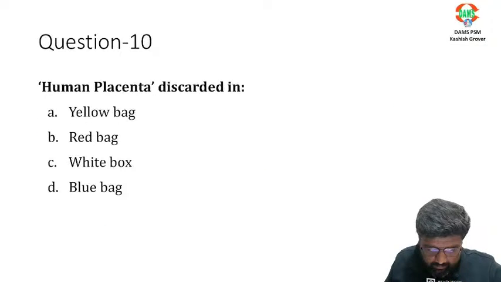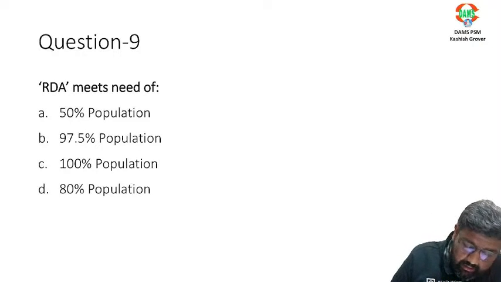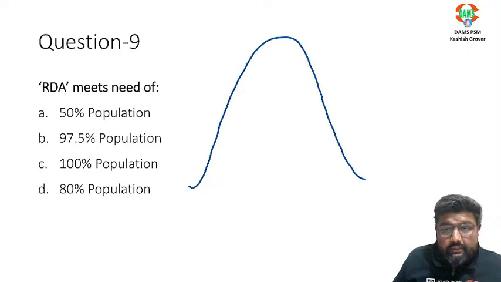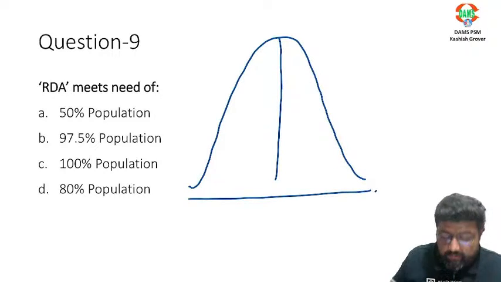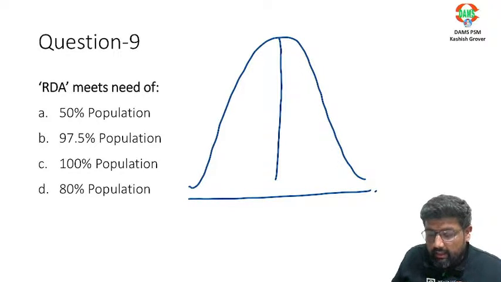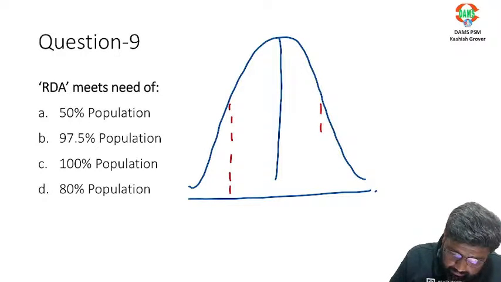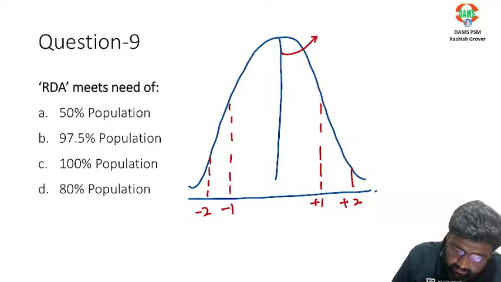Now next one, RDA meets need of. Let us understand the concept of RDA. In your biostats, this is a normal distribution. It is -1, +1, -2, +2, and this is mean, median.